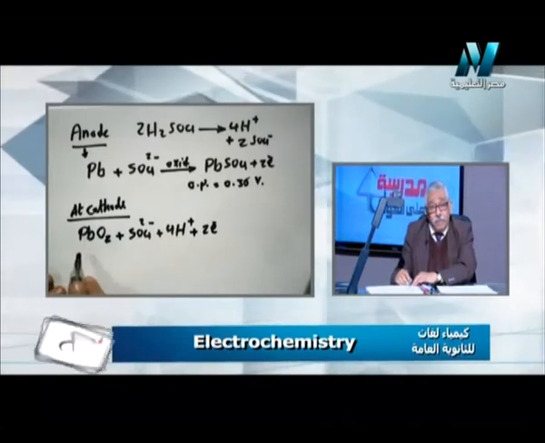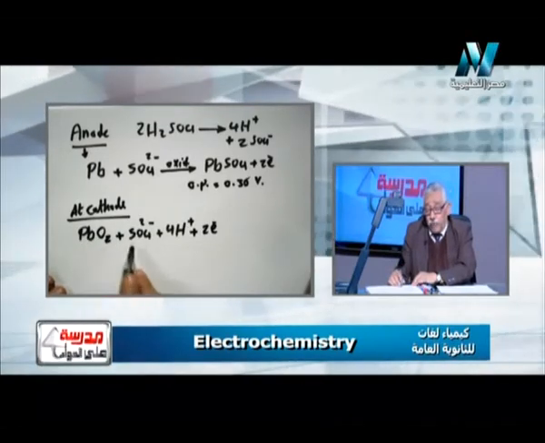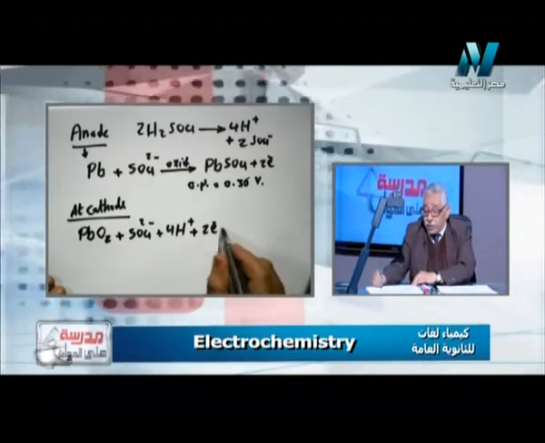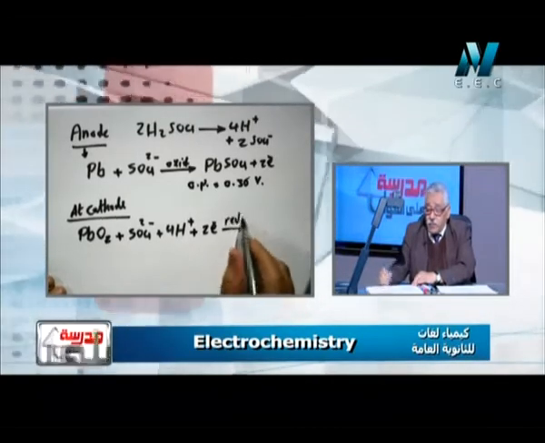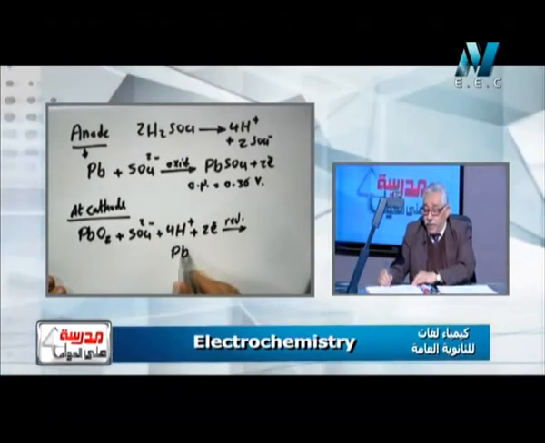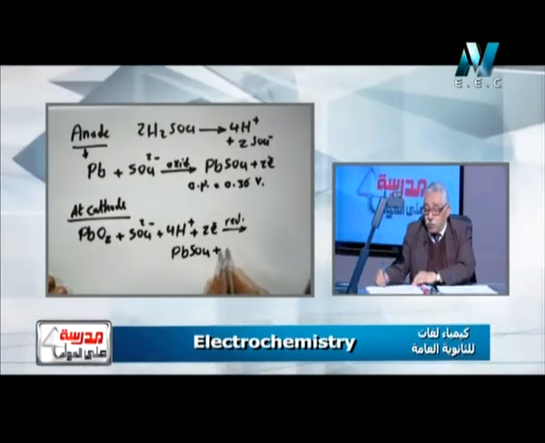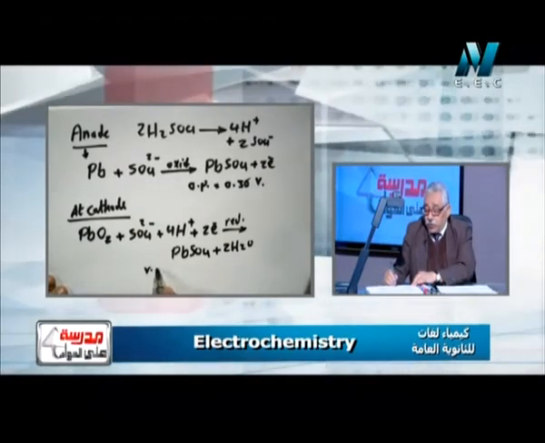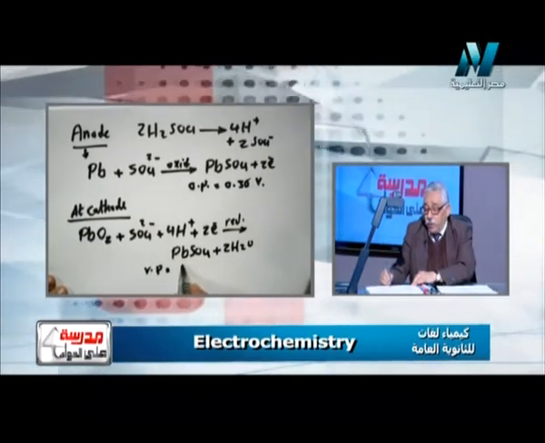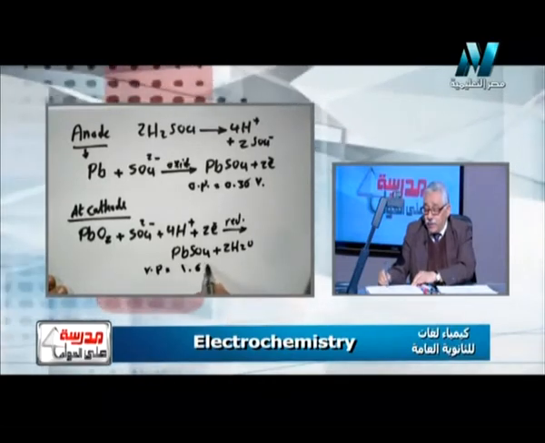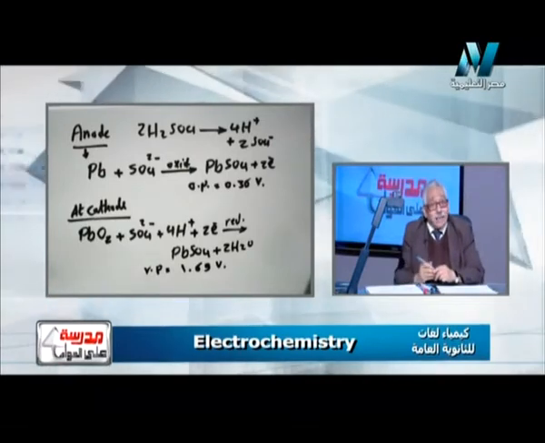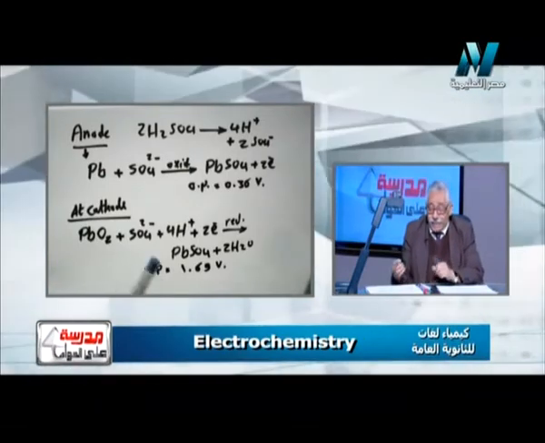At cathode, PbO2, SO4 negative 2, 4H positive, 2e negative. Reduction occurs to give PbSO4 plus 2H2O, where the reduction potential will be 1.69 volts.